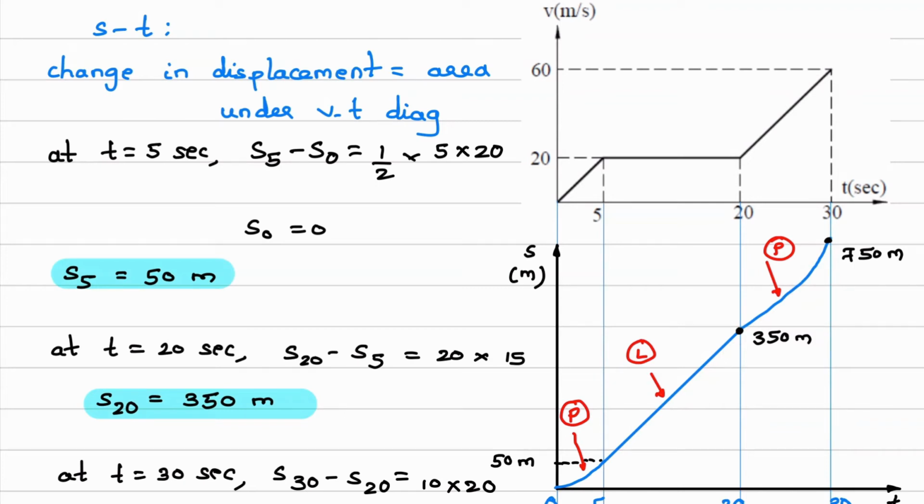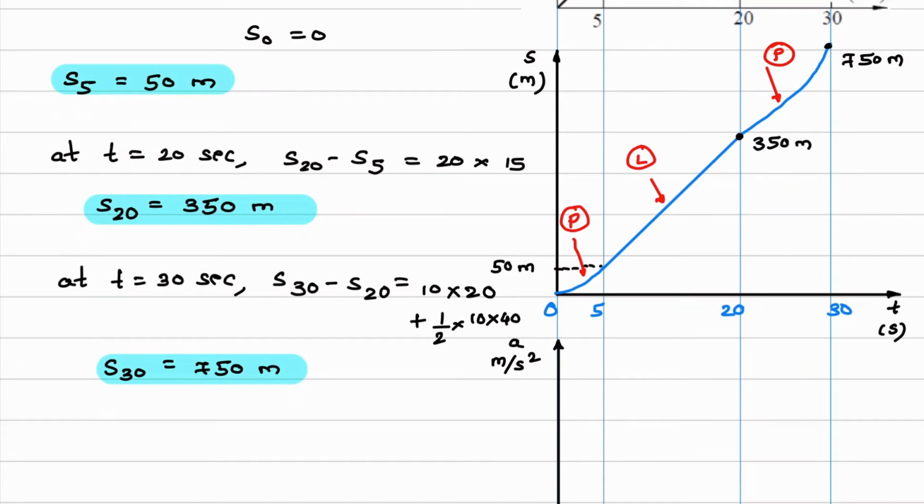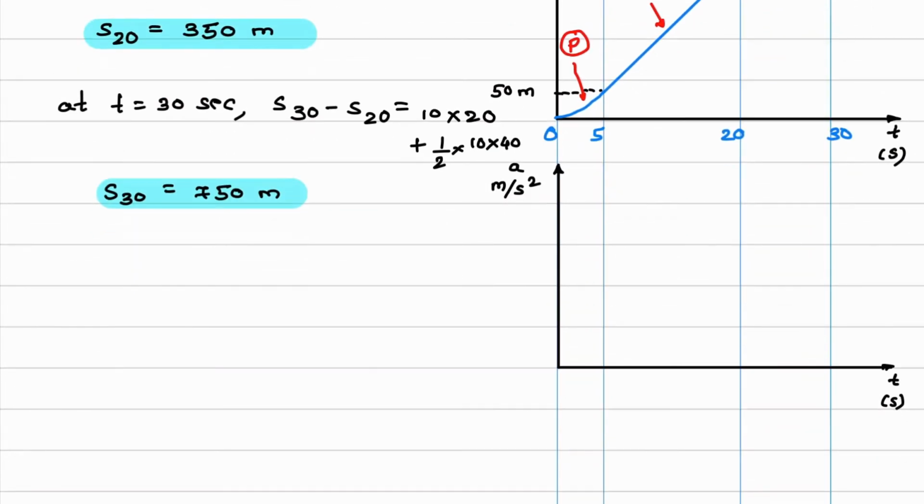So we will continue with the next diagram, the acceleration time diagram. In order to draw the acceleration time diagram, I'll write down next diagram is the AT diagram. Now we have to draw the AT diagram from the VT diagram.